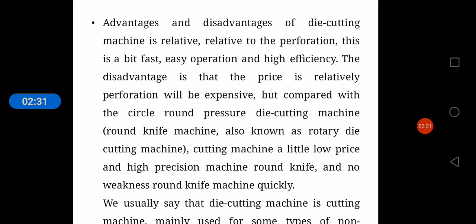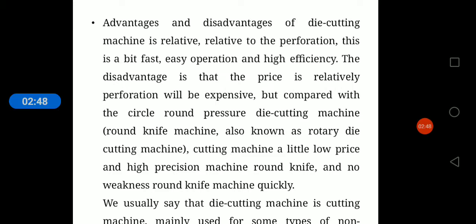Advantages and disadvantages of die cutting machines. The advantages of the die cutting machine are that it is fast, easy to operate and highly efficient.